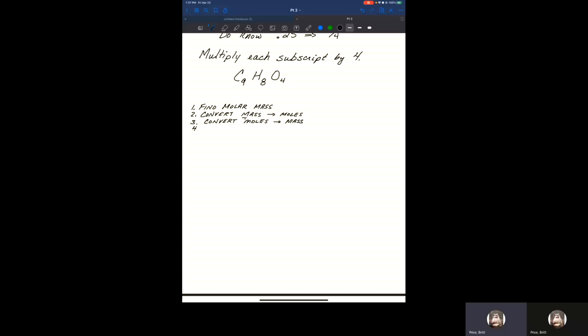Now we've also done empirical formula and molecular formula.